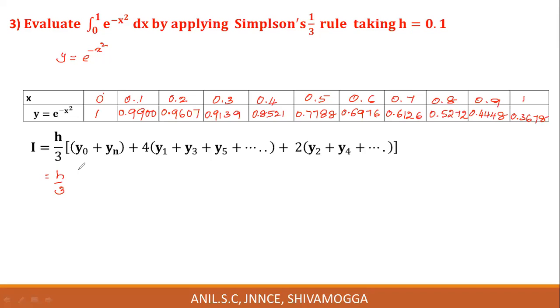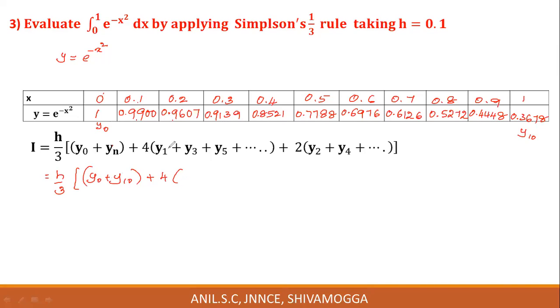Now we use Simpson's 1/3 rule, which is given by I is equal to h by 3 into y naught plus yn. Y naught is first ordinate, yn is last ordinate. y1, y2, y3, y4, y5, 6, 7, 8, 9, 10. This is y10. Therefore, y naught plus y10 plus 4 times the odd numbered ordinates.